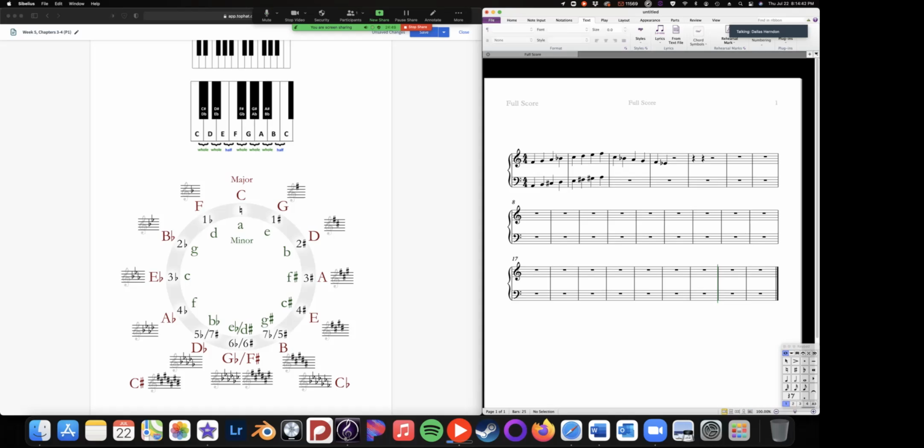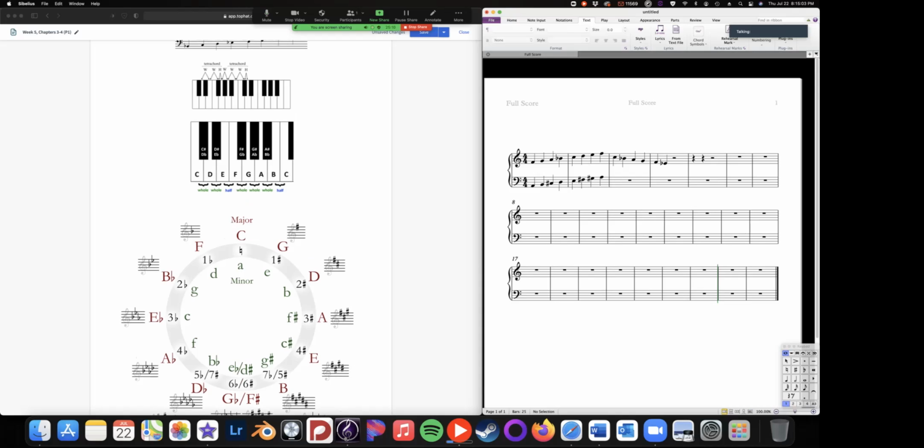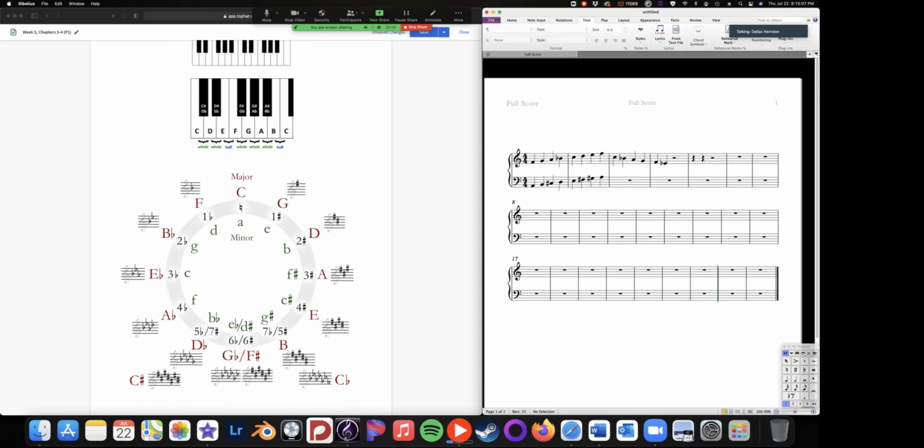Let's look at E major here. The very last sharp of E major is D sharp, okay? If we go up a half step from D sharp, that gives us what the key will be. So I go up a half step from D sharp and I get E natural, and that's what the key is.